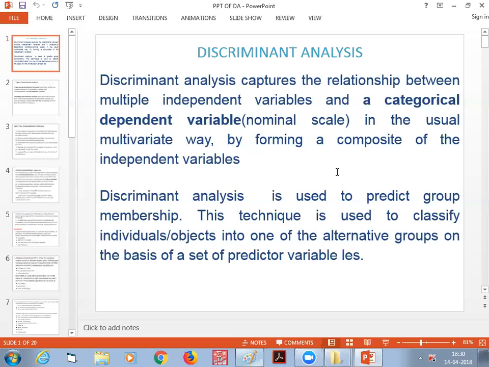But sometimes we may have to do more than two groups, 3 groups, 4 groups, etc. In such cases, we call it a multiple discriminant model. That means we are going to have multiple groups, so we are classifying the individual or object into their respective groups. How to make that individual or a new object belong to any one of these groups? For that we can use the discriminant model.